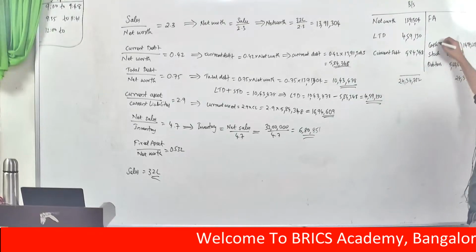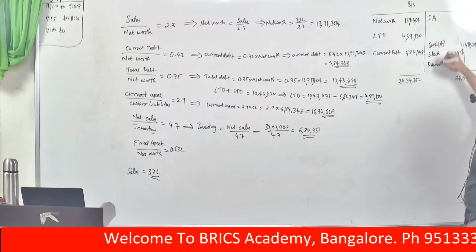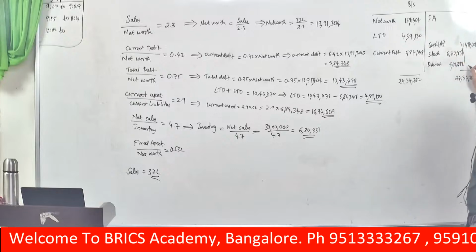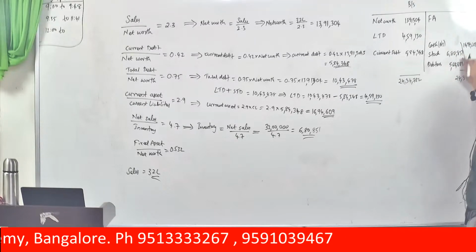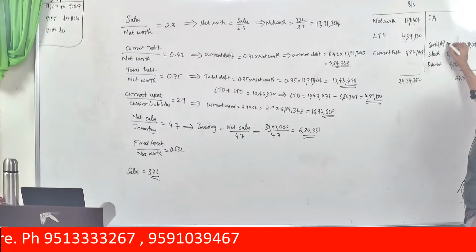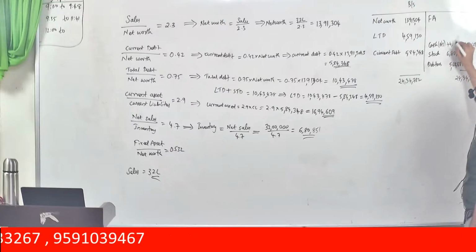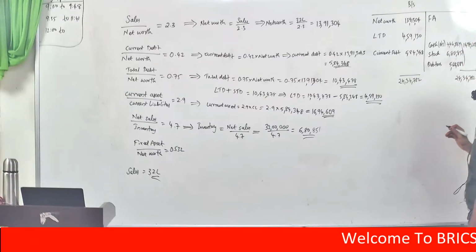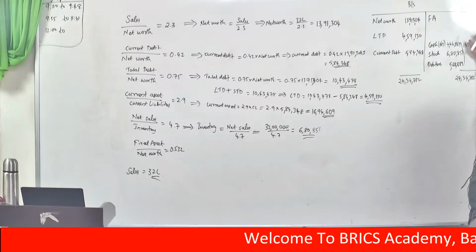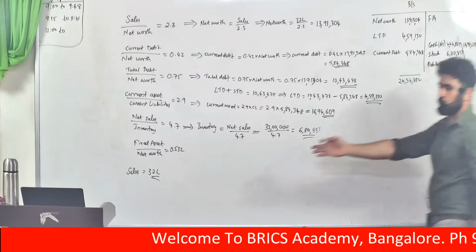Now can you compute cash? It will be a balance figure. Can you compute the cash? This minus this minus this. 4 lakh 44,869. Okay. Then now you can either find the balancing figure here or you have this also.